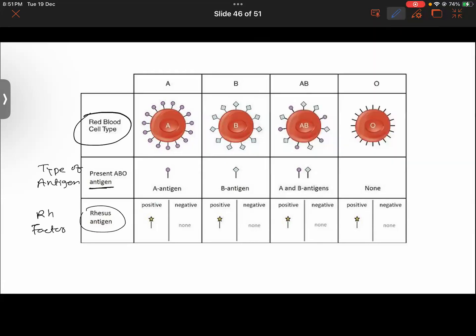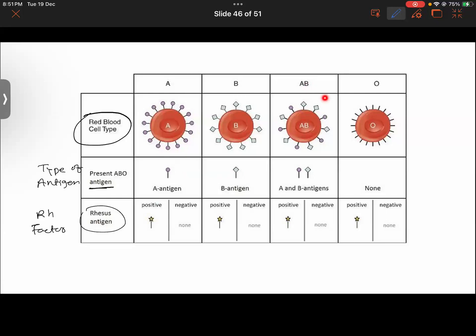Now, if antigen A is present over the surface of the red blood cell, the blood type is group A. If antigen B is present over the surface of the red blood cells, the blood group is B. If both A and B antigens are present, the blood group is AB.